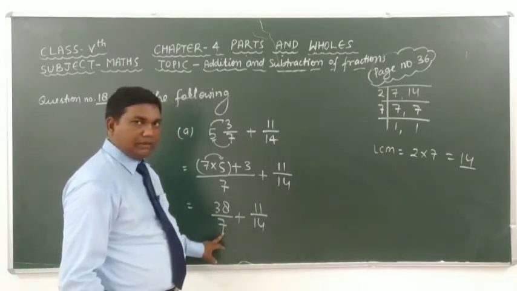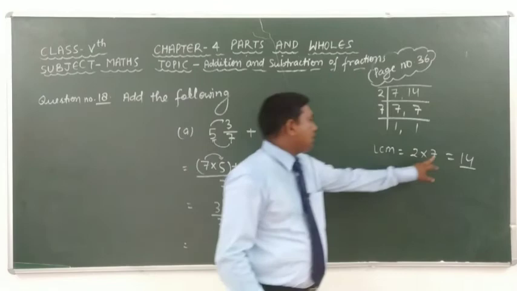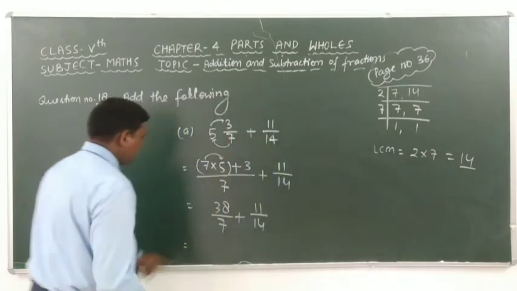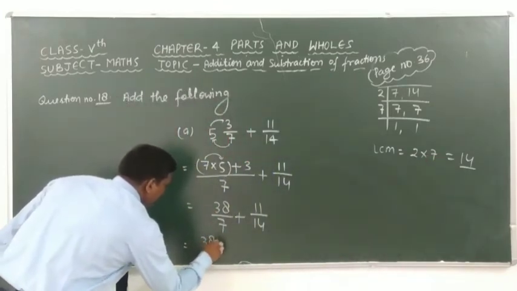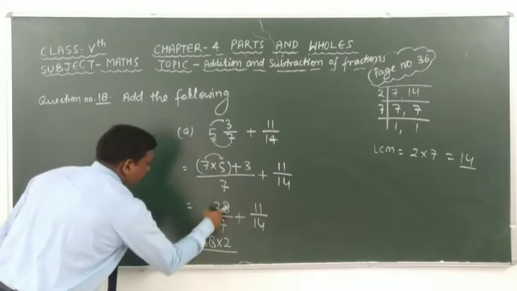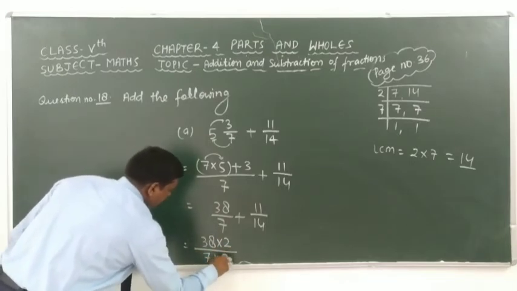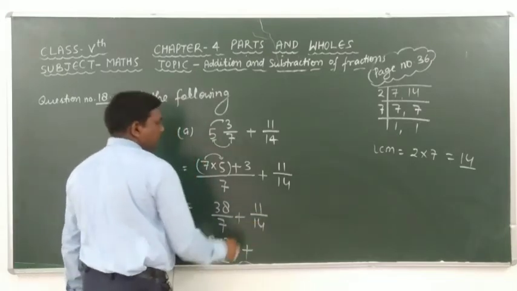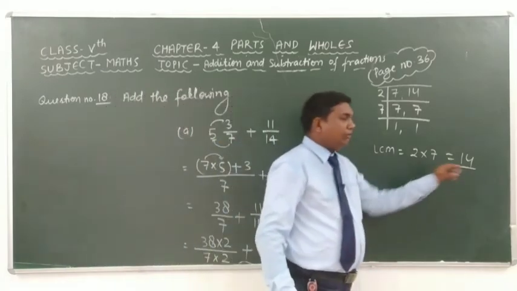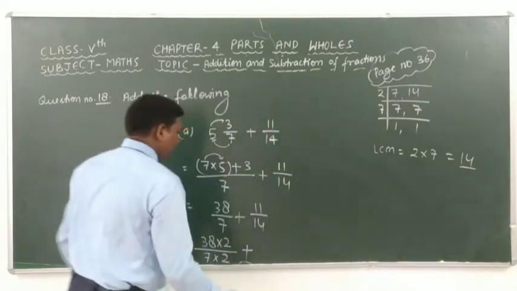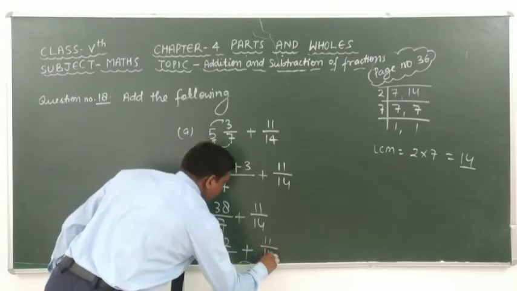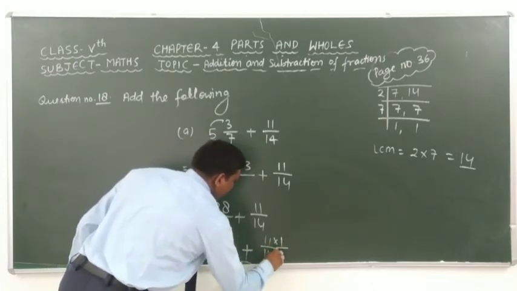Here we have 14 and 7. We know that 7 times 2 is 14. Therefore, we multiply 2 in numerator and denominator. And 14 times 1 is 14, therefore we multiply 1 in numerator and denominator.